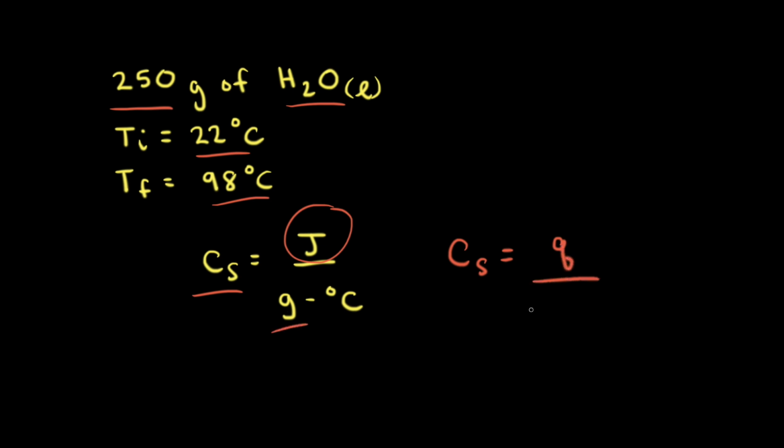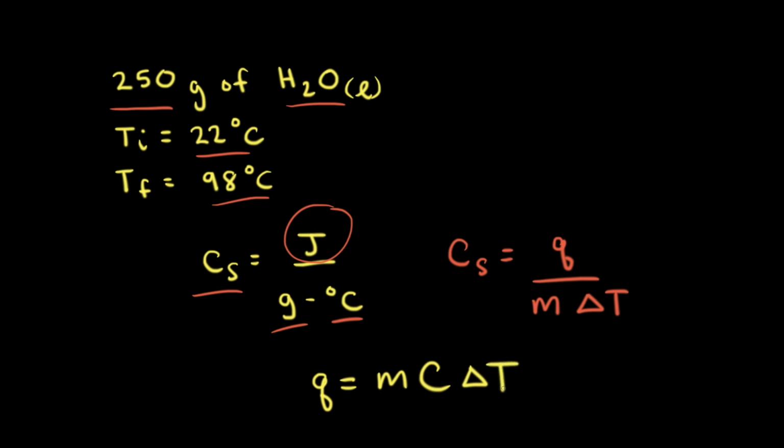Grams is the mass of the substance, and degrees Celsius is talking about the change in temperature, delta T. So if we multiply both sides by m delta T, we arrive at the following equation, which is Q equals mc delta T.